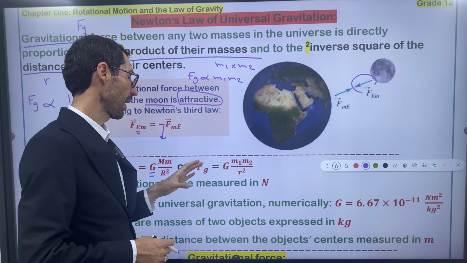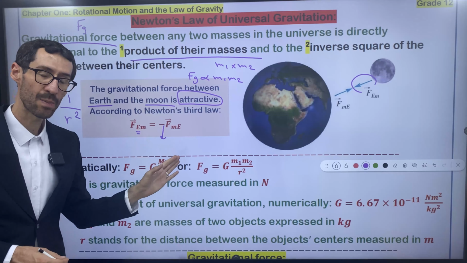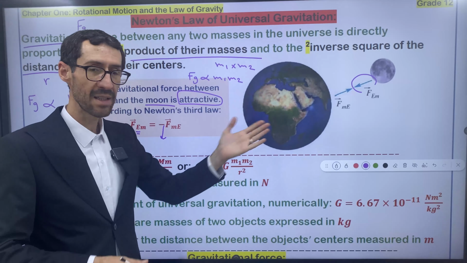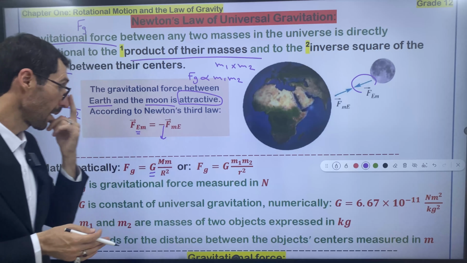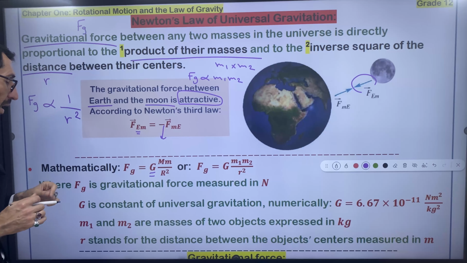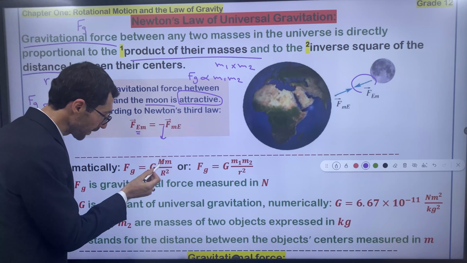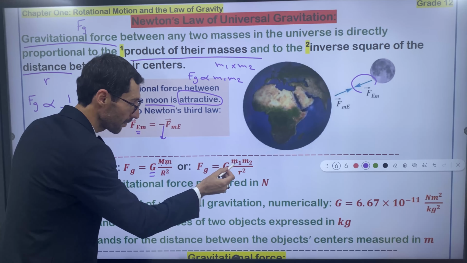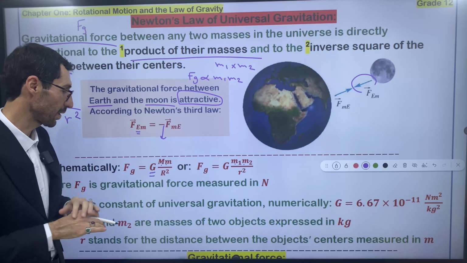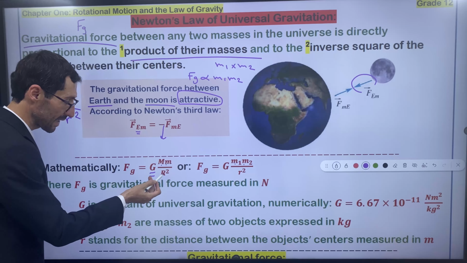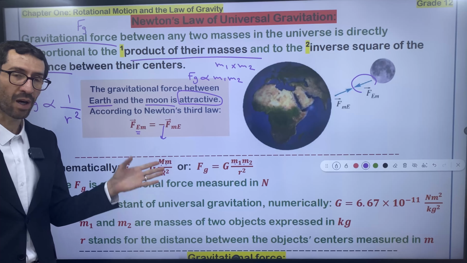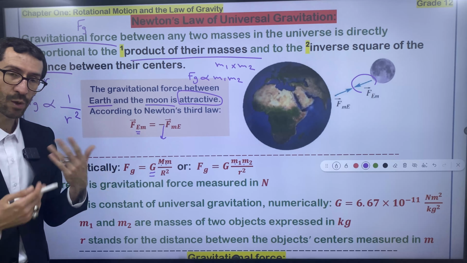That's why M capital, m small is nicer, but no problem if you use m1, m2 for planets. Both forms are allowed. And r squared, capital or small r, it doesn't matter, as you like.